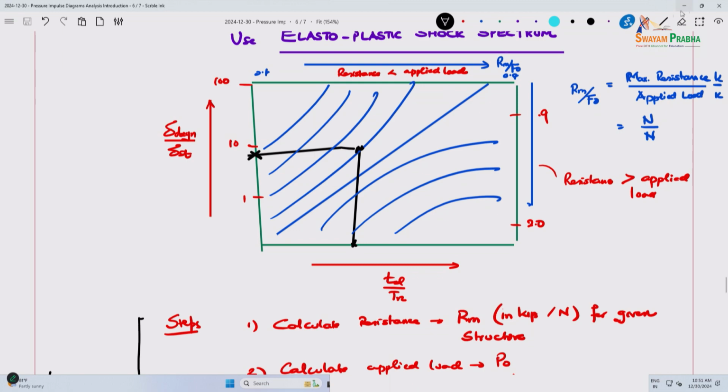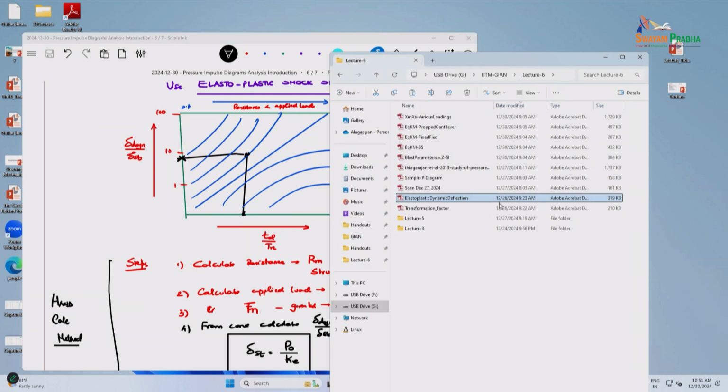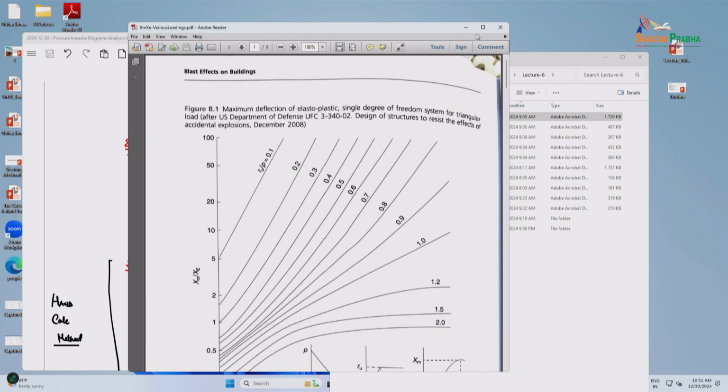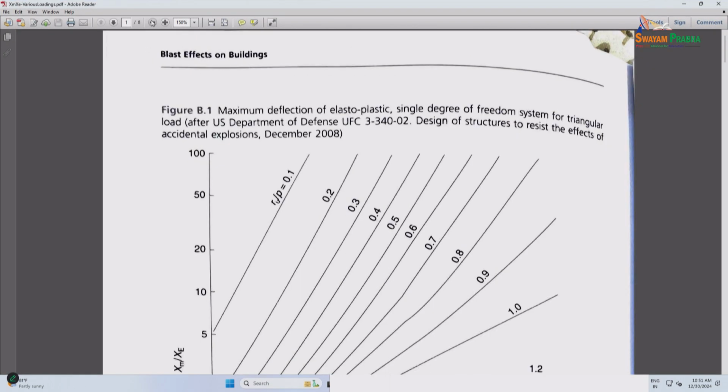I won't insert it here as we are having issues, but what we'll upload is these curves. I think I have 8 of them.